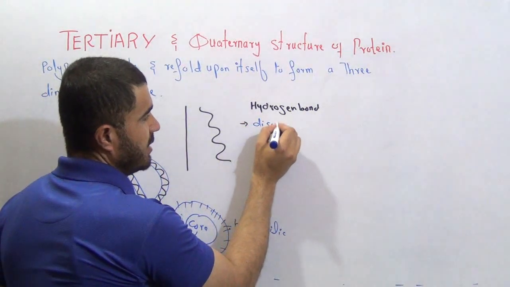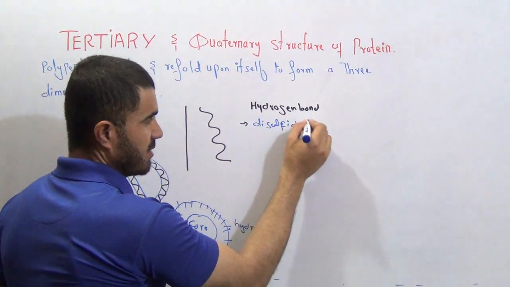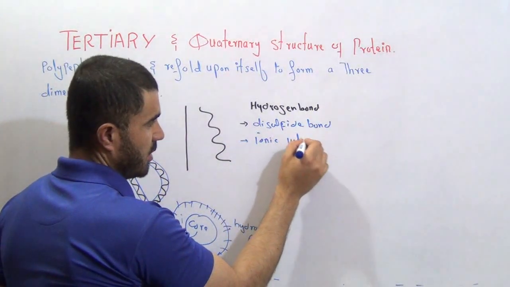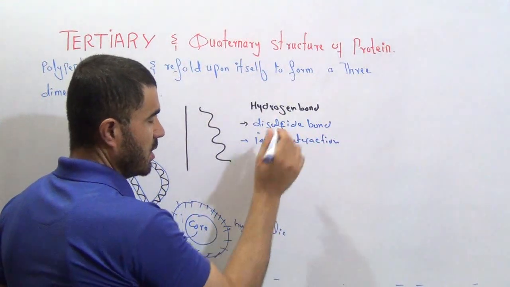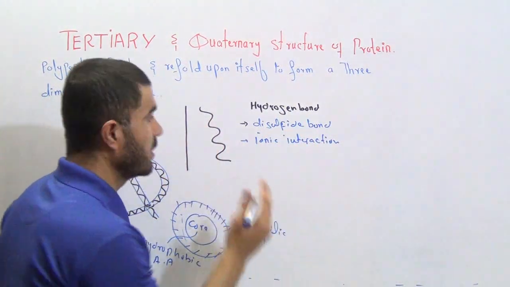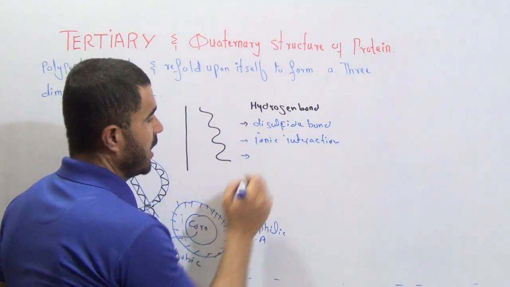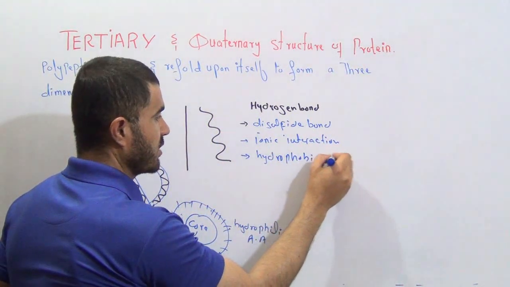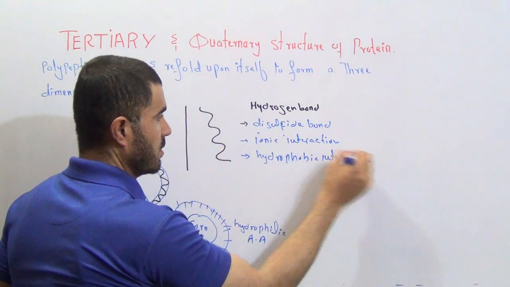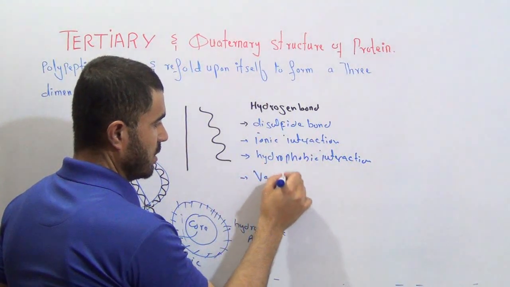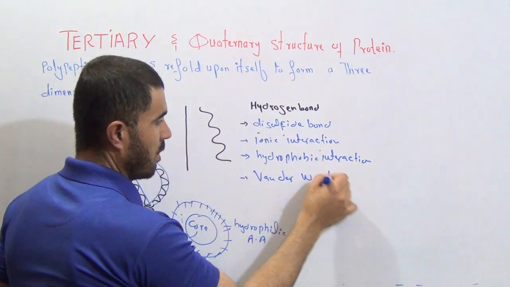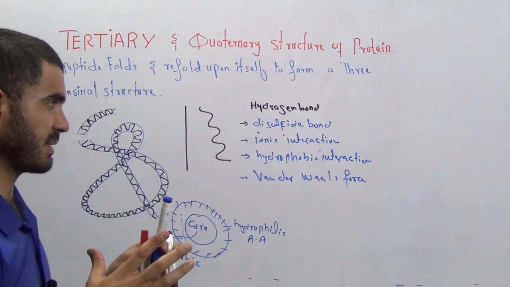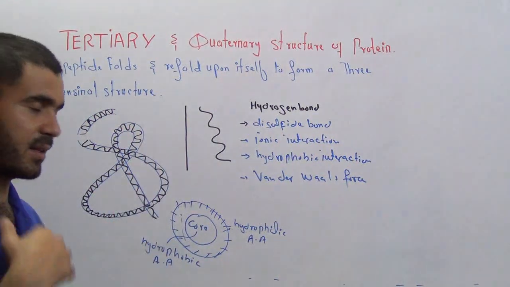Disulfide bond is also present here, and ionic interactions, which were not mentioned in secondary structure. And then we have hydrophobic interaction and van der Waals forces. So these are the bonds present in the tertiary structure, and they give stability to that structure.